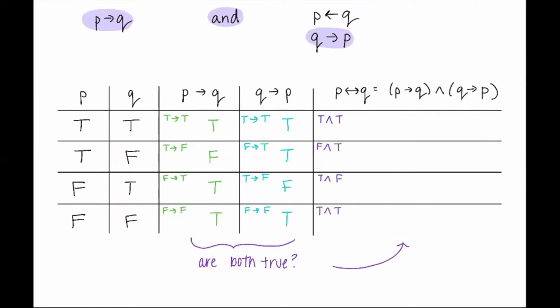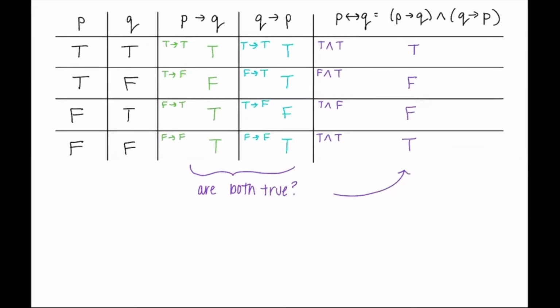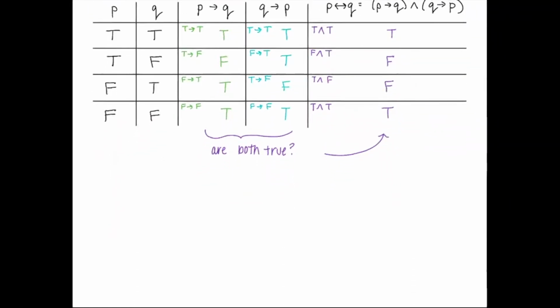I need both of them to be true for the biconditional to be true. So here they're both true, not both true, and true. This leads to a much more condensed truth table, but this last one gives you the reasoning why.